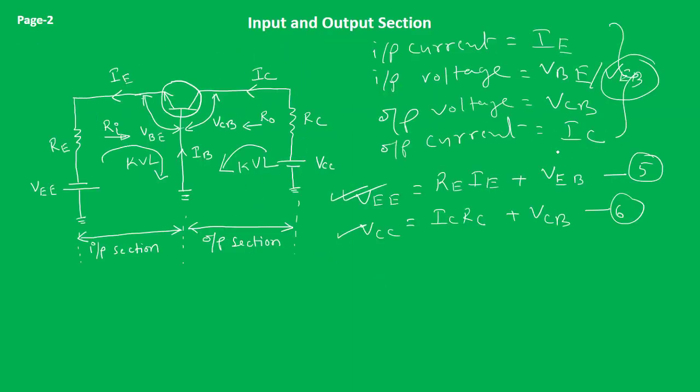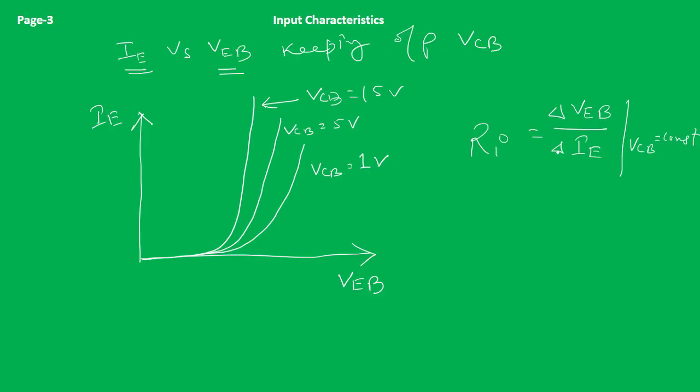Here, for a very small change in the voltage, IE changes drastically. As a result, the input resistance of a transistor always tends to be very small, in terms of a few ohms only. That is the input resistance, and we can find it from the input characteristics of the common base transistor configuration.